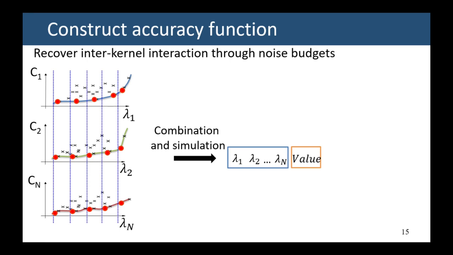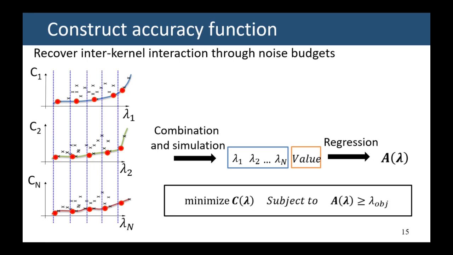The data is used for polynomial regression to obtain the accuracy function with respect to the noise budget. After having the cost function and accuracy function of the noise budget, we can construct the constrained optimization problem, which can be solved by a common solver.